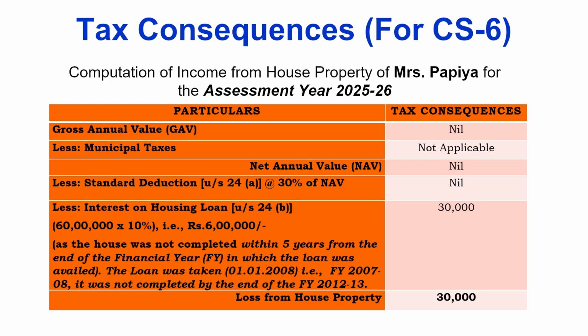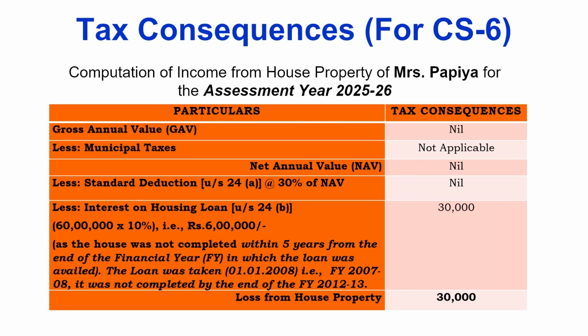interest on housing loan, that is 10% of 60 lakhs, will get deduction under section 24(b). But as the house was not completed within 5 years from the end of the financial year in which the loan was availed, here the loan was taken on 1st January 2008, that is financial year 2007-8.